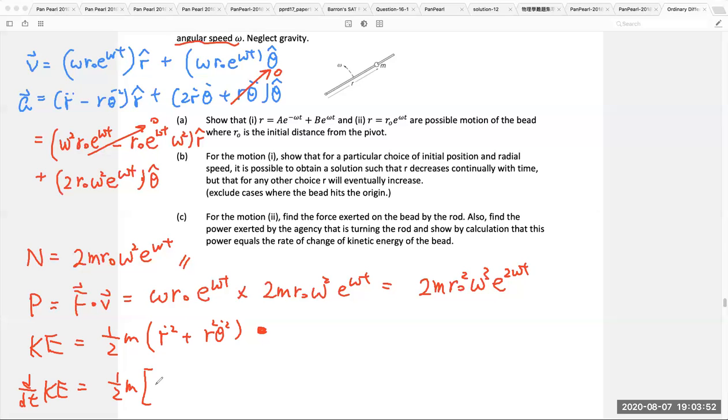This should be 2r r-dot r-double-dot, okay. Plus, you need to use that phi-dot is a constant. Yes. R double dot actually will equal omega squared r.